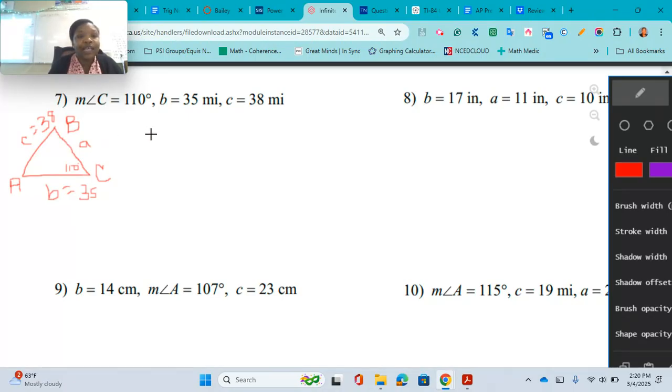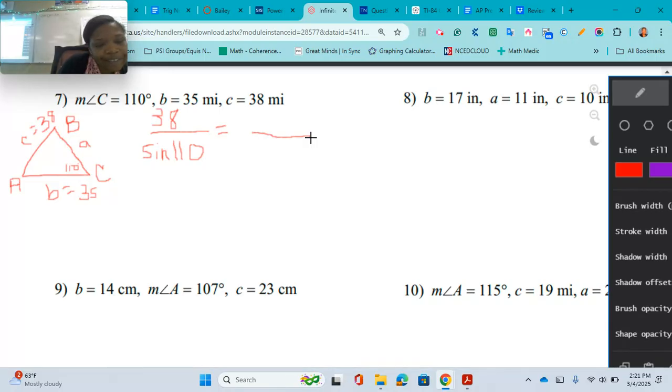What would be on one side of the proportion? Excellent. 38 divided by the sine of 110 equals. Now we always have to start to look for the smallest side or angle first.